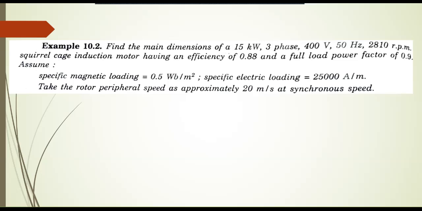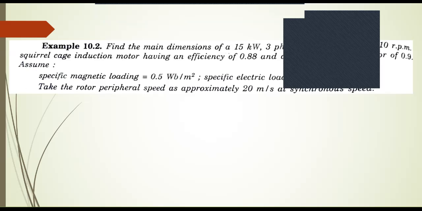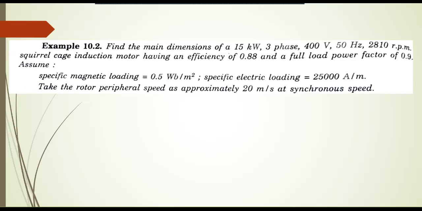Find the main dimension of a 15 kilowatt 3-phase 400 volt 50 hertz 2810 rpm squirrel cage induction motor having an efficiency of 0.88 and a full load power factor of 0.9.